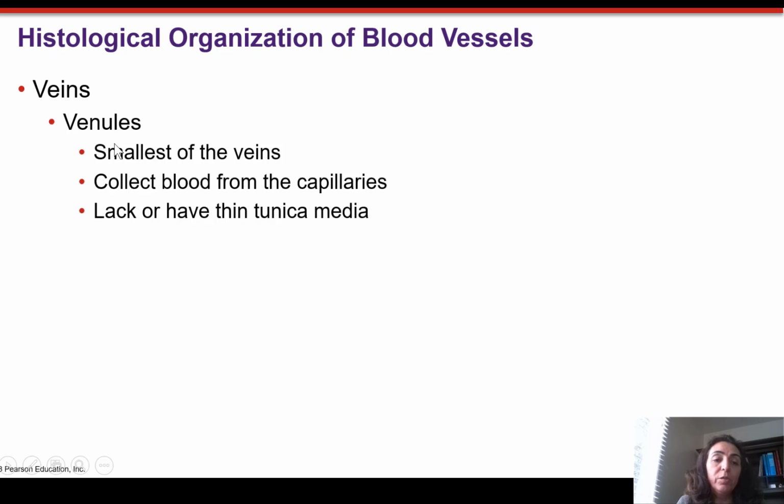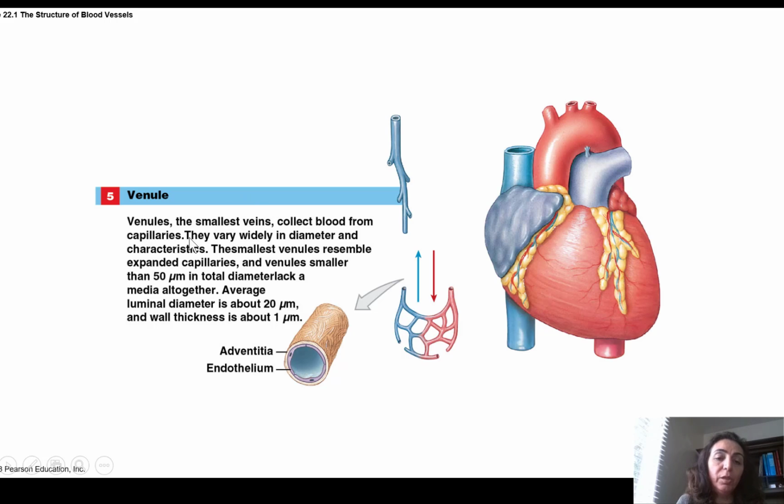Starting from the venules, these are equivalent to the arterioles. Arterioles were the smallest of the arteries, venules are the smallest of the veins. They collect blood from the capillaries and have a thin tunica media, or may not have a tunica media.